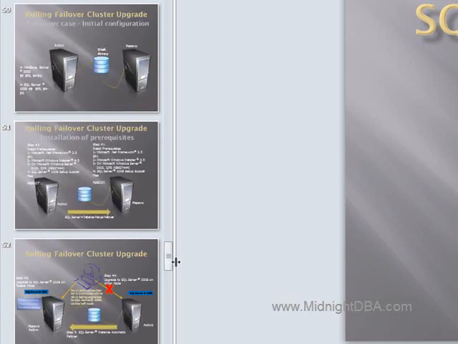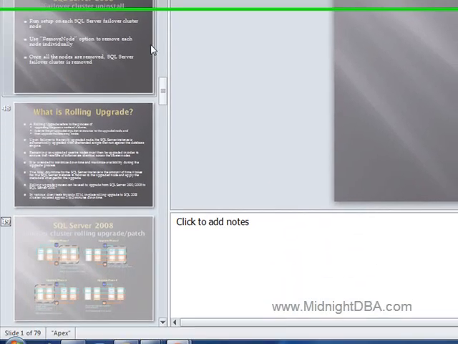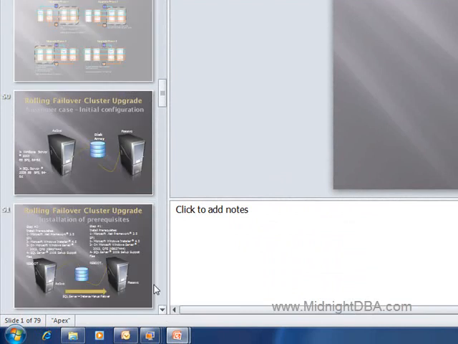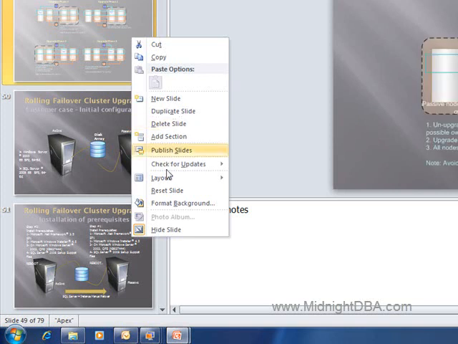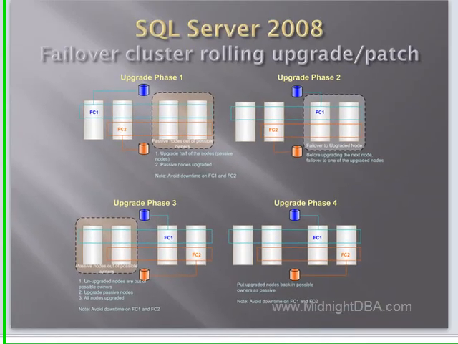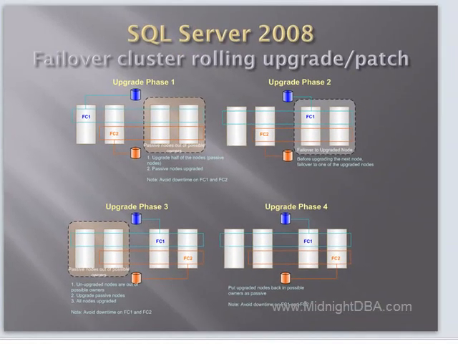Anyway, let me show you probably this slide that gives you a good idea. So okay, let me unhide the slide. The rolling upgrade of patches is also similar to the rolling upgrade of 2000 to 2008.